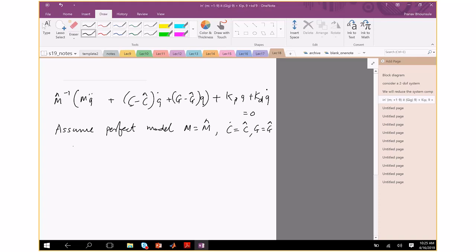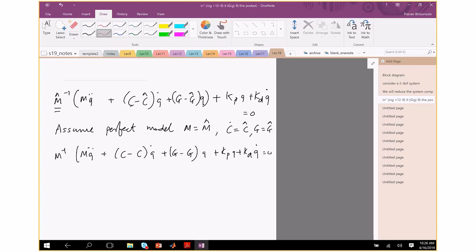So if I do that, then I get m inverse, because m hat is m, times m q double dot plus c minus c q dot plus g minus g q plus K_P q plus K_D q dot equals 0.